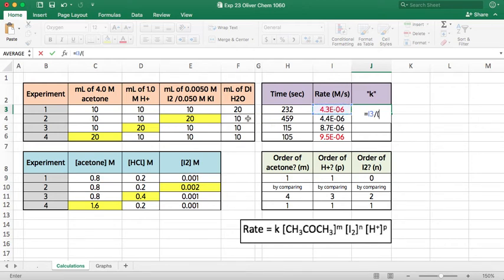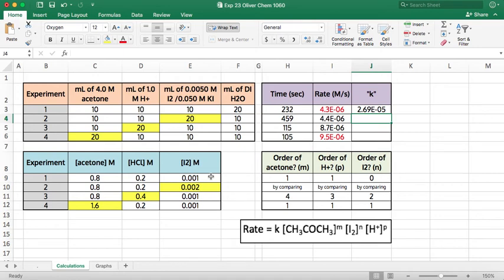the concentration of, where is it at? Of acetone to the first power multiplied by HCl also to the first power. You can see first power. And now I could include the iodine and say this to the 0 power.